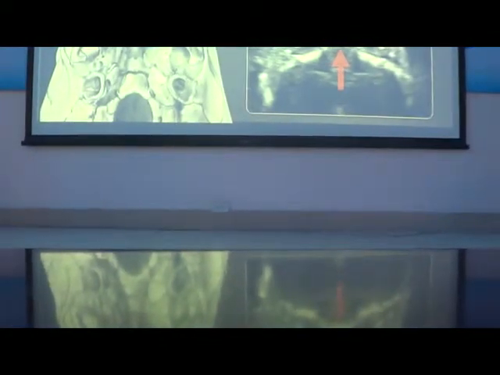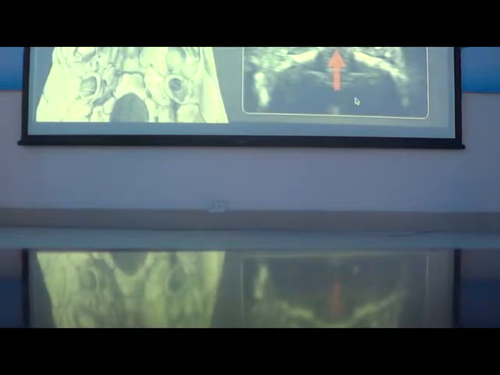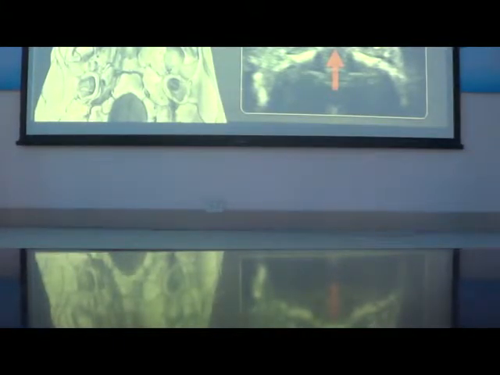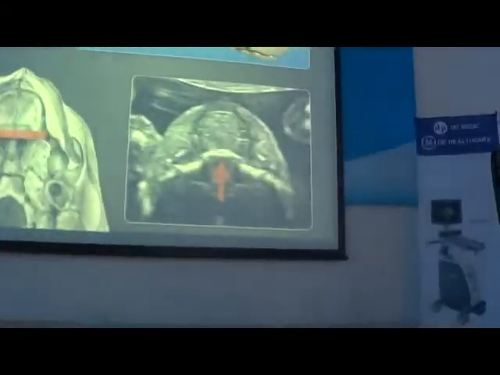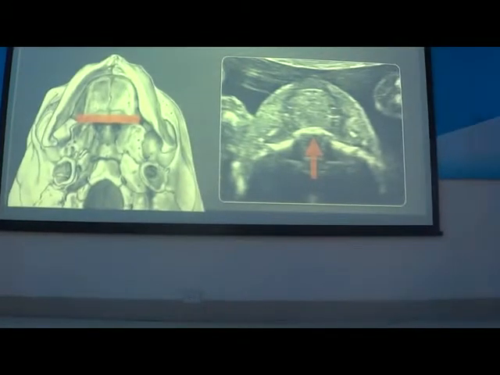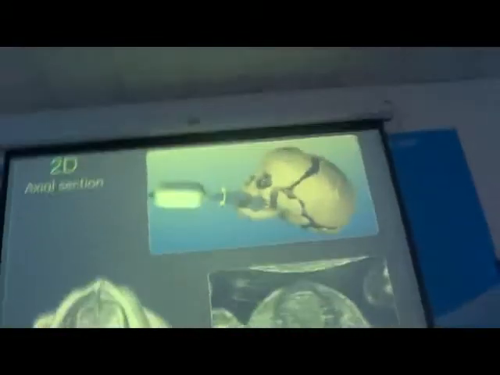If you want to look at the palate, the best is to use a 2D, not to use 3D, and to start with this position. You put the probe, the ultrasound beam, exactly between the maxillary and the mandible.